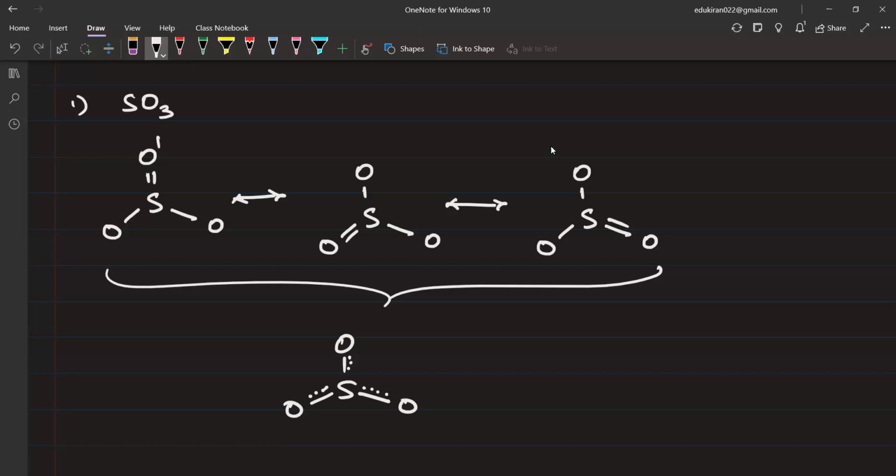Let me make this oxygen 1, oxygen 2 and oxygen 3. Sulfur and oxygen 1 is sometimes double, single and single. That means it is not always a double bond. That is why it is a partial double bond. Similarly, sulfur and the second oxygen: single, double, single. So it is not always single, neither is it always double. So it is a partial double bond, and similar is the case for the third oxygen also.